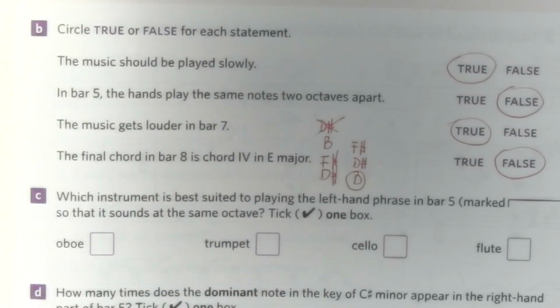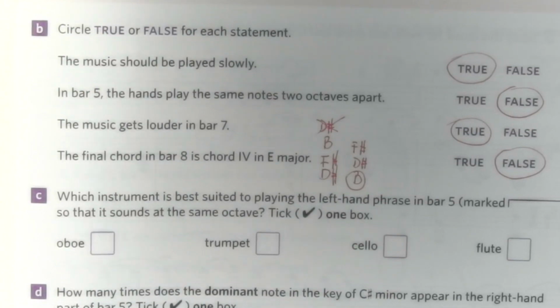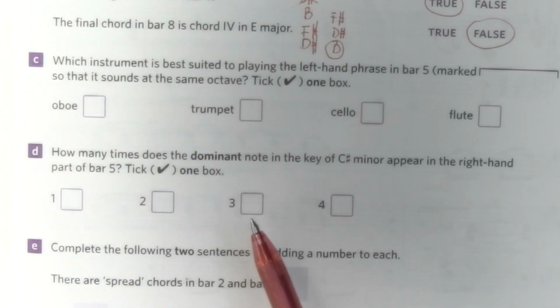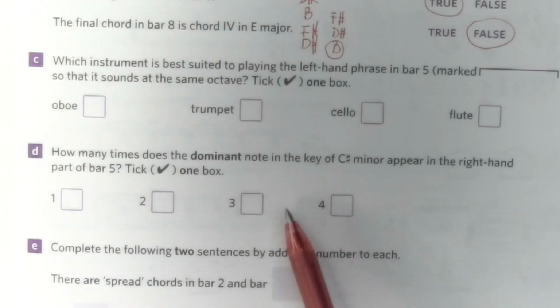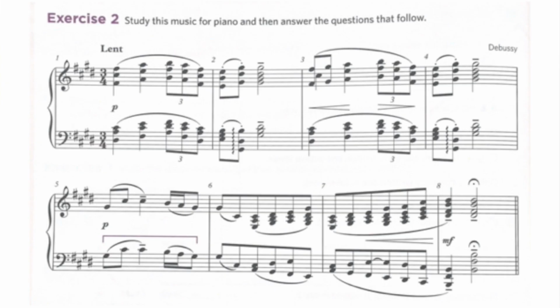And we move on to the next question now. Which instrument can play the left-hand phrase marked in bar 5, making sure that it's played at the same octave, so without transposing it? Now let's have a look. It is not low, but in the middle register of the keyboard, because it touches, as we said, middle C sharp.